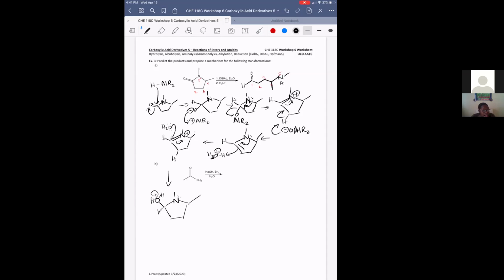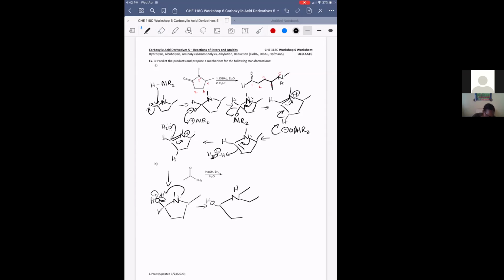And then the next step in our mechanism is to deprotonate our water, and that's going to happen with a proton transfer. So we'll take a hydrogen from water and push electrons to oxygen, and this allows us to generate a hydrogen, a methyl, and a methyl there. We've added an OH to this part of our molecule, right?